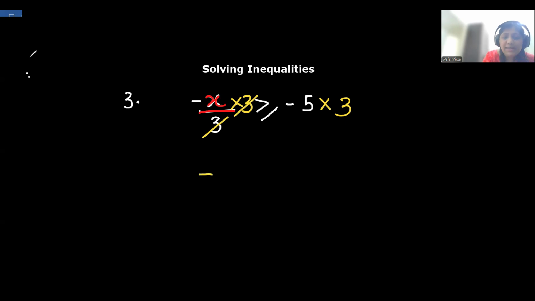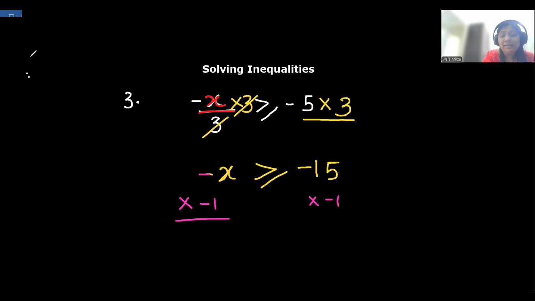I will get minus x greater than or equal to minus 5 multiplied by 3, which is minus 15. Right? I want to find the value of x, not negative x. So how to get rid of this negative sign? Both sides I will multiply with negative 1.